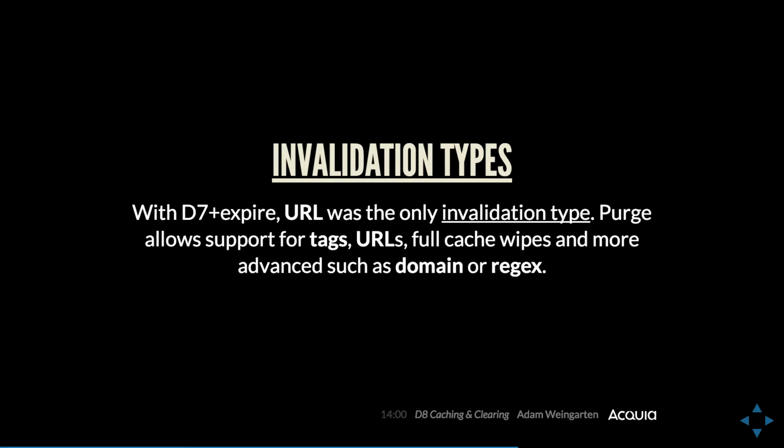Invalidation types are the different ways that we can tell our external systems to wipe the cache. So Purge allows support for tags, that's one invalidation type. Another one is URLs. It also allows us to simply blow away the entire cache for a system. And we can also do some other stuff with domains and regex. So it's pretty flexible.